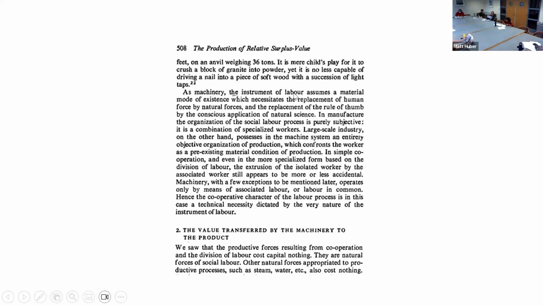The instrument of labor assumes a material mode of existence which necessitates the replacement of human force by natural forces and the replacement of the rule of thumb by the conscious application of natural science. In manufacture, the organization of the social labor process is purely subjective. Wait, was that the one I already read? Yeah, so that is where science comes into play.